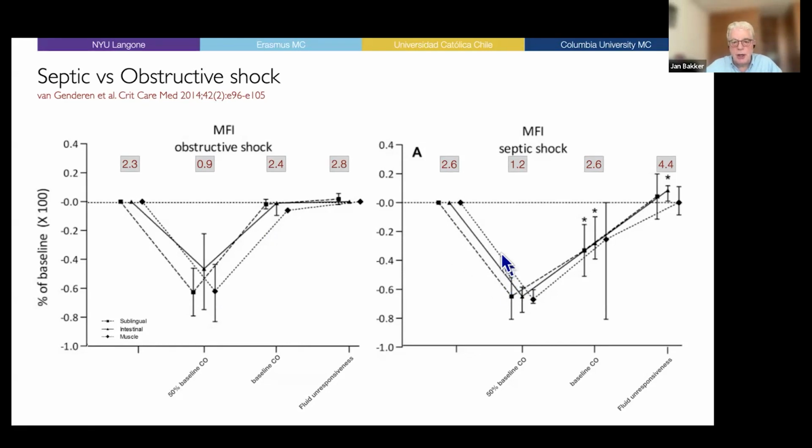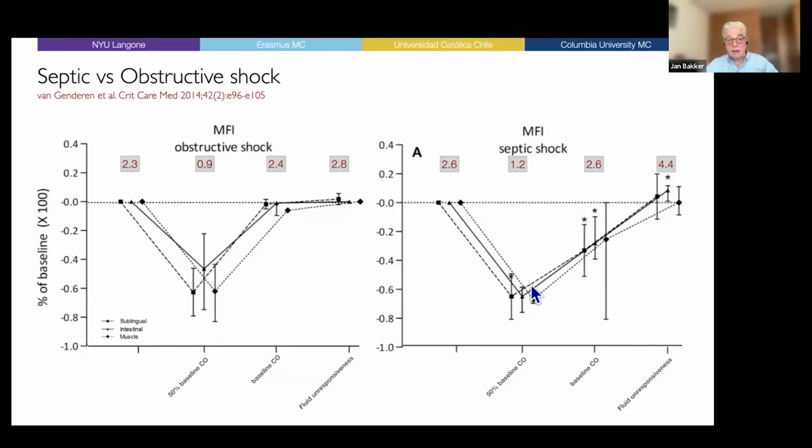That's one element. The other important element is in sepsis, and I won't go into this completely because I would need much more time. If you give endotoxin, and so have what is, let's say, an evolving sepsis, if you wait and wait, cardiac output will drop. And the mechanism, of course, is the vasodilation and the increase in venous capacity that will decrease venous return and thus decrease cardiac output.